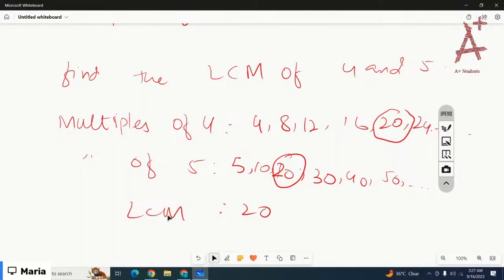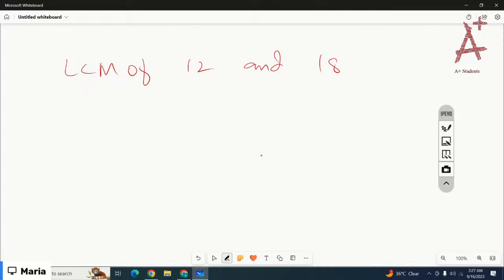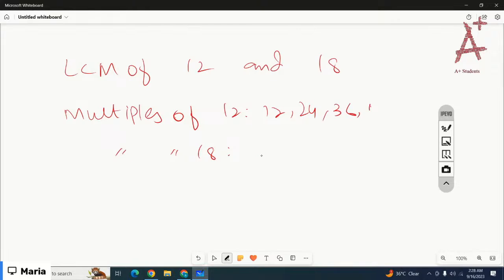Let's start writing the multiples of 12 and the multiples of 18. 12 times 1 is 12, 12 times 2 is 24, 12 times 3 is 36, 12 times 4 is 48, 12 times 5 is 60, and so on.